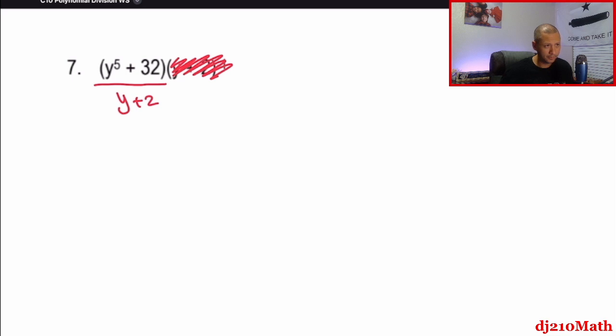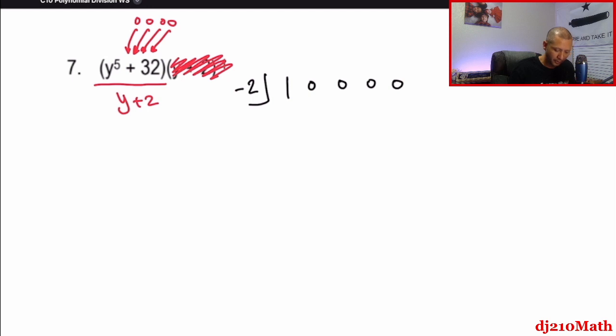And there's no other y variable, so we need one for 4, 3, 2, and the single 1. So that's 4 zeros we need. So in the box, we're going to have minus 2, right? It's the opposite of this. Then the coefficients, we're going to have 1 and then 4 zeros: 1, 2, 3, 4, and then 32.